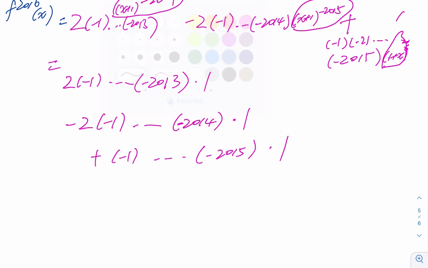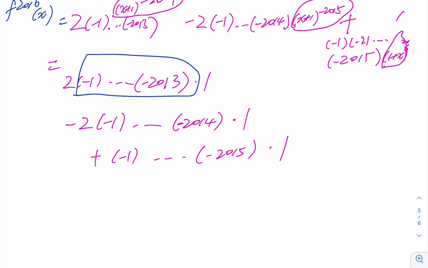And remember, when they are even numbers, even number of negative numbers multiplying together, the whole thing will be positive. If they're odd numbers of negative numbers, they'll be negative. So this 1 to 2013, that's obviously an odd number.